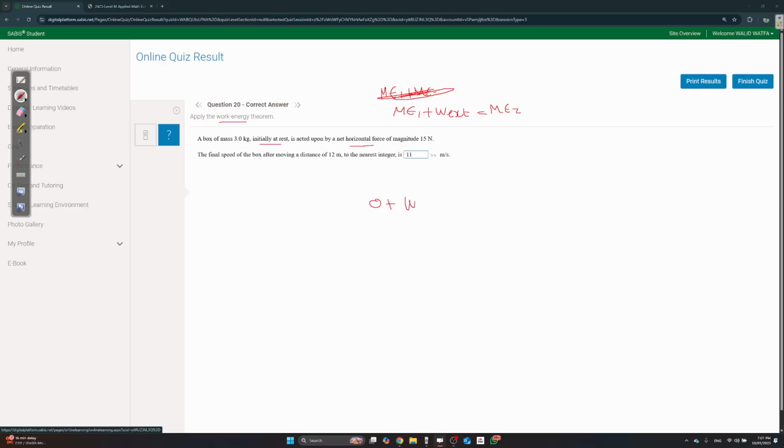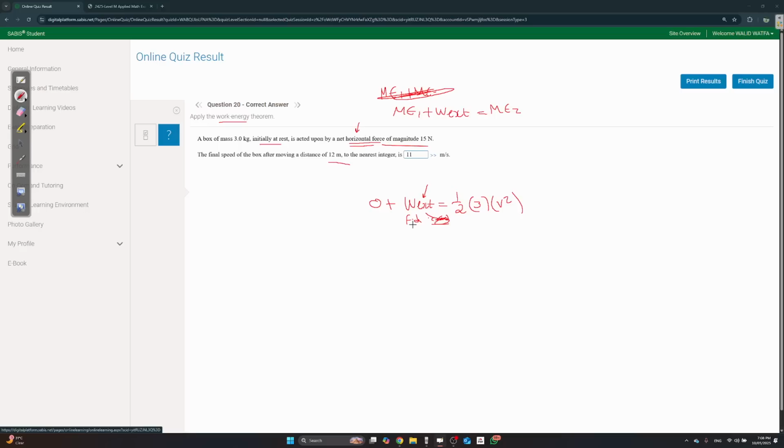W external equals ME2, which is half times the mass, 3, times its velocity squared. We're trying to find it. So what do we know? We know that the force is 15 and the distance is 12. So we know what the work is. The work is force times distance times cosine theta. Theta is 0 because it's a net horizontal force, and cosine 0 is just 1.